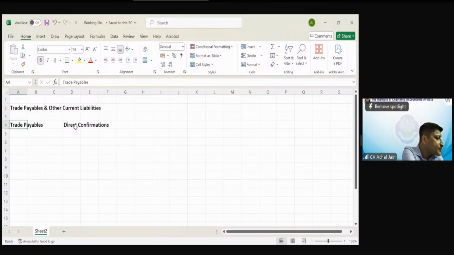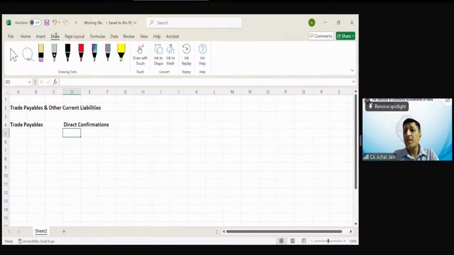Over to you. Quickly. Okay, so one response I've seen from Prem says it should be done on a sample basis. Now, can you also tell me why you think it should be done on a sample basis? Great. So Prem says sample basis because there might be a huge number of creditors.